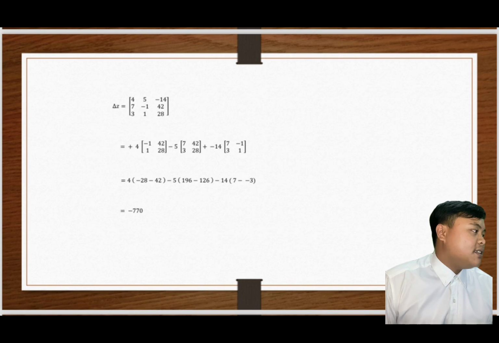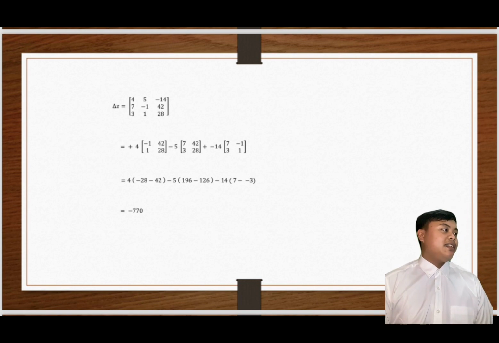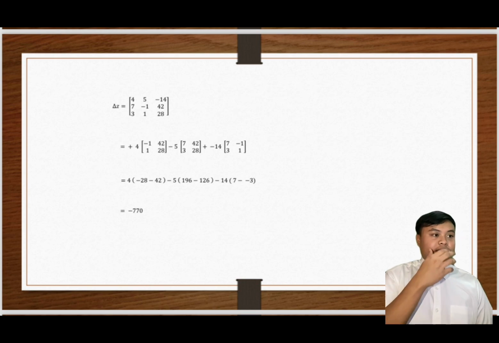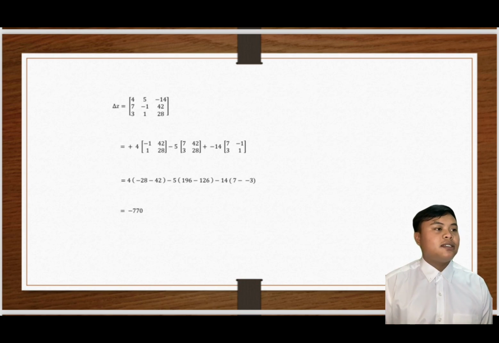Next, the last is delta z. In matrix form, the first column is 4, 7, and 3, the second column is 5, negative 1, 1, and the third column is negative 14, 42, 28.